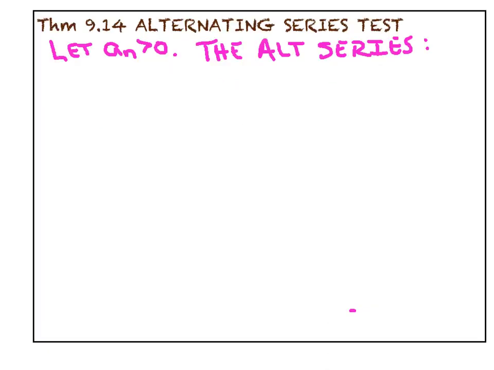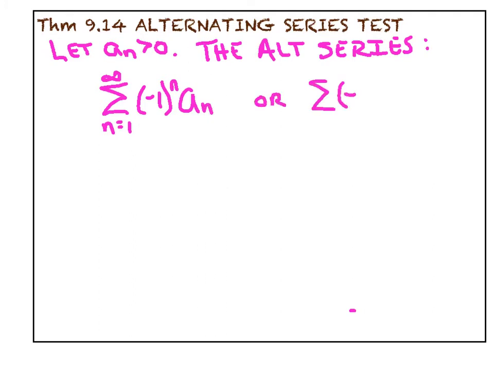Okay, we're going to go ahead and nail down our theorem tonight. Our theorem is now 9.14, chapter 9, theorem number 14. And it says, first of all, let a sub n be something that's positive, and then the alternating series is going to come in one of two forms. We're going to say it could be negative 1 to the nth power times a general term, a sub n, or it might come in the form of negative 1 to the n plus 1 power.